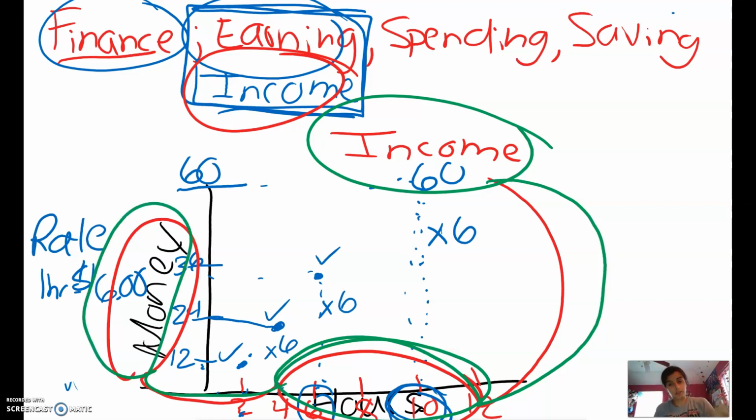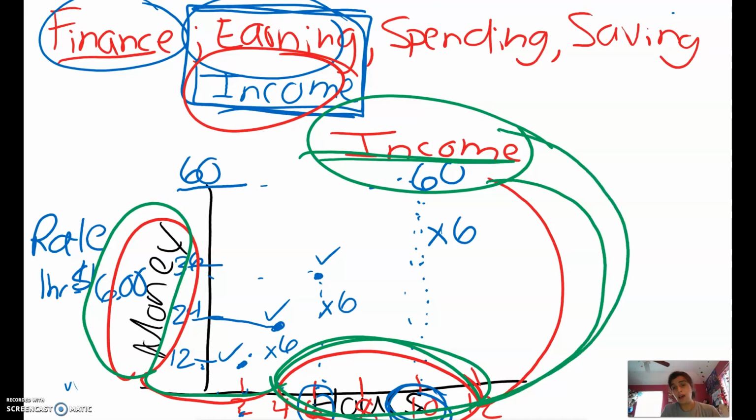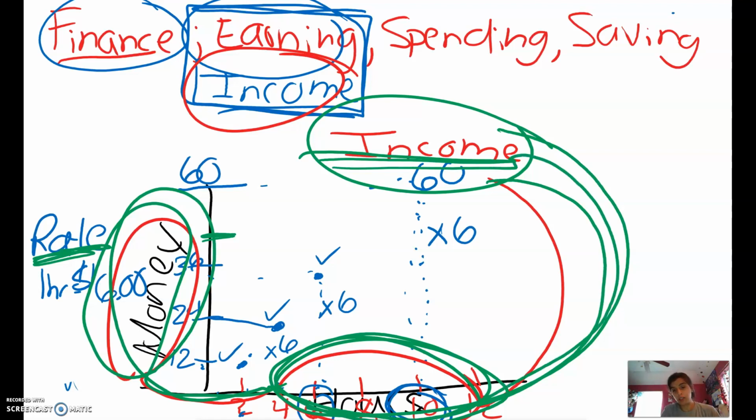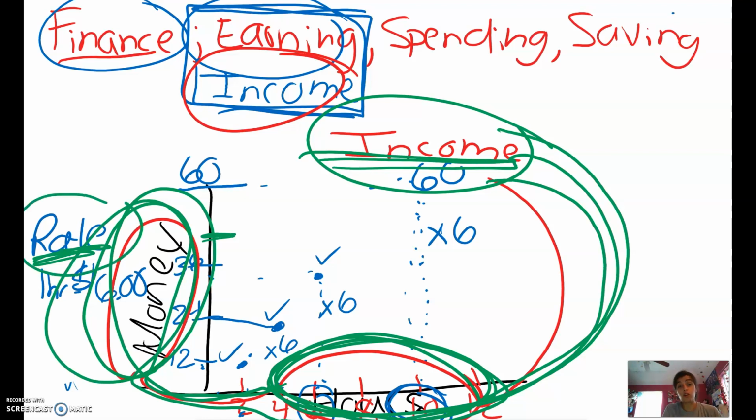The end goal is to get our money at the end of the week, so hopefully by that paycheck they can see the amount of money they put in. Income is the amount of hours one works in order to get that money, but that money is influenced by the rate.